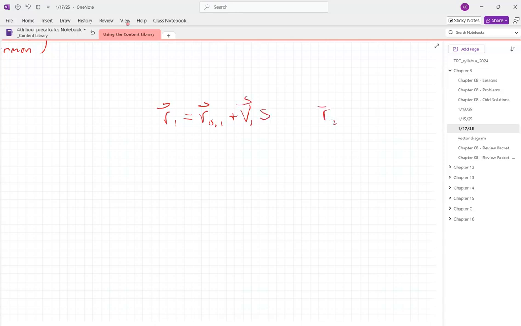And then my second vector line equation. So just like before, that's a 1. So it's like V1 and then it's R01.